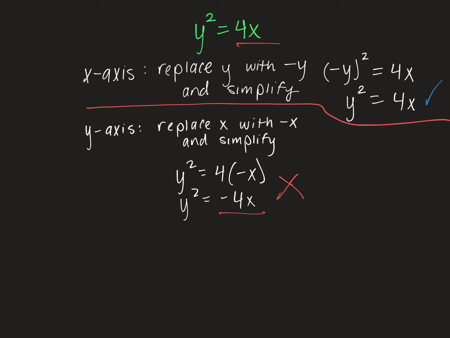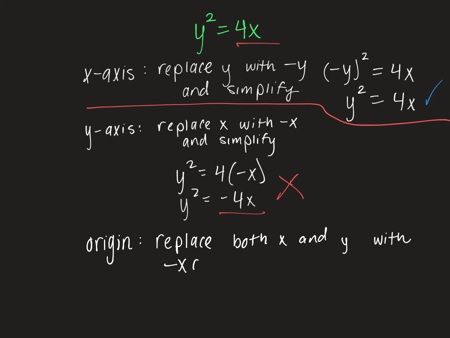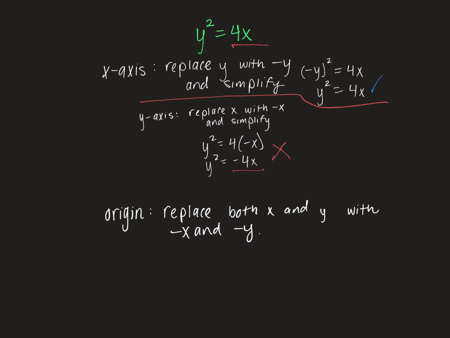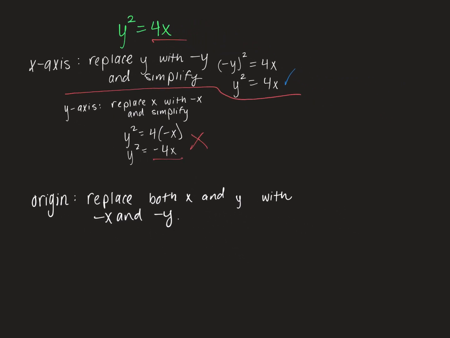And then we will have the origin. We're going to replace both x and y with negative x and negative y. I'm just trying to move around until we get more room.